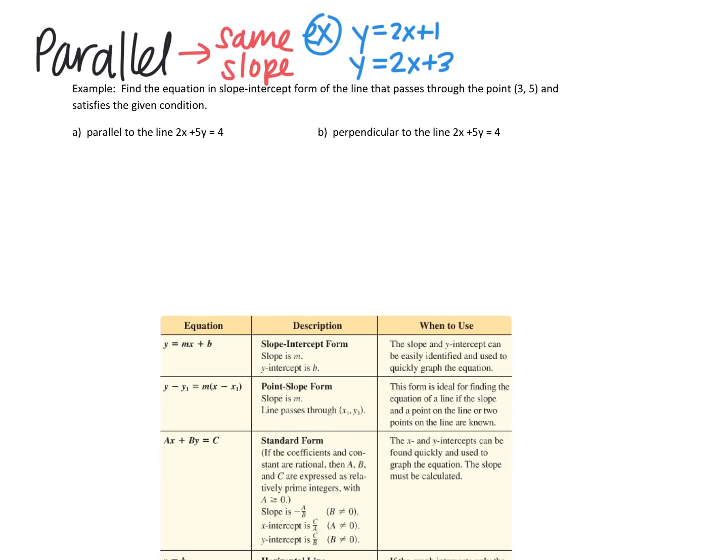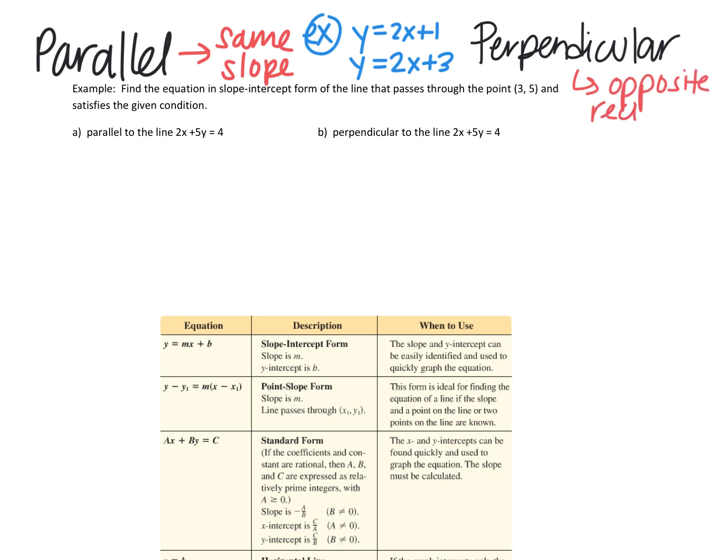Okay, perpendicular lines have, okay, this is a weird one. Perpendicular. Maybe you remember it is opposite reciprocal slopes.